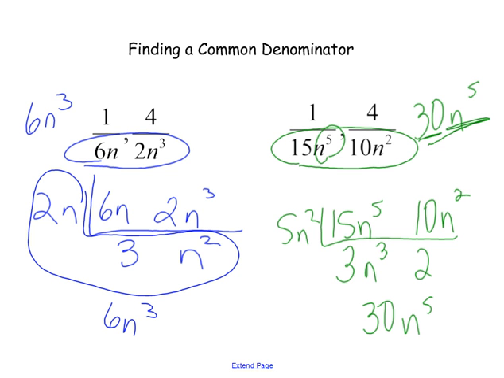Okay. 6n and 6 and 2. If you were writing fractions with 6 and 2, what would your common denominator be? 6. You could use 12, but 6 works. That's our 6. Which one of these has the higher exponent? N cubed.